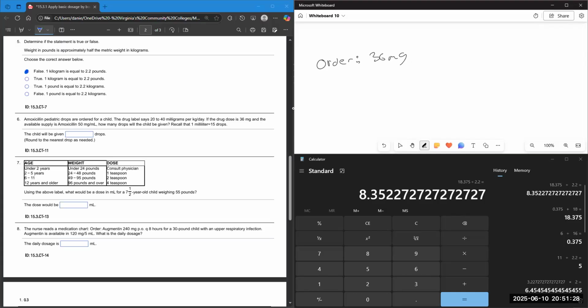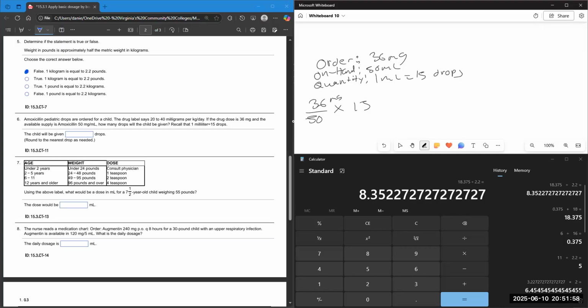Our on hand is going to be 50 milligrams per 1 milliliter, which is 15 drops. Use our formula that this is 36 divided by 50 times 15.